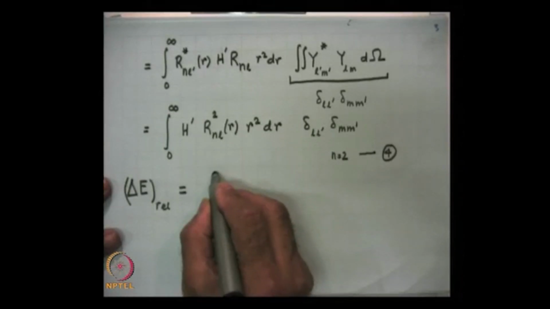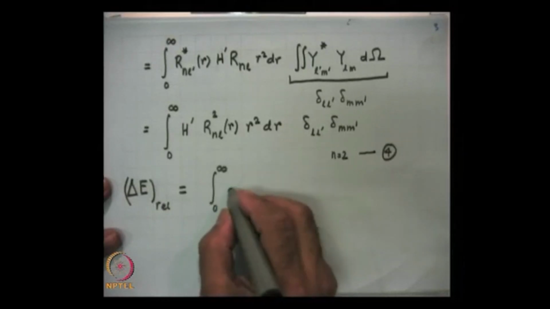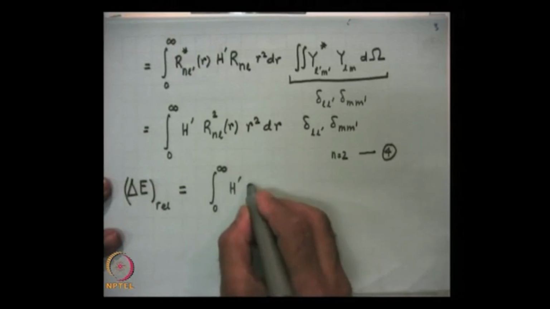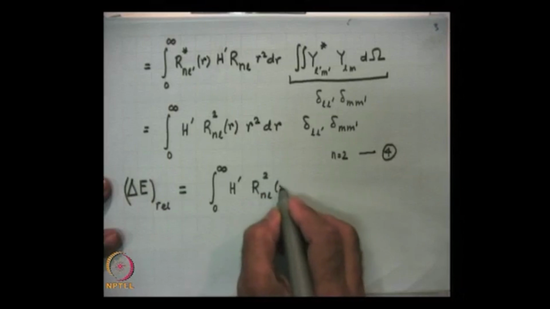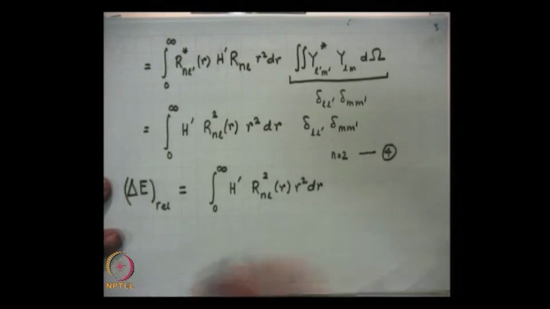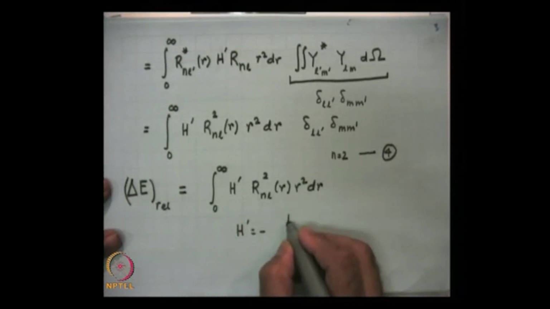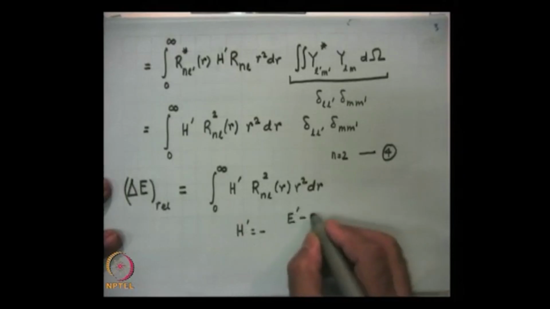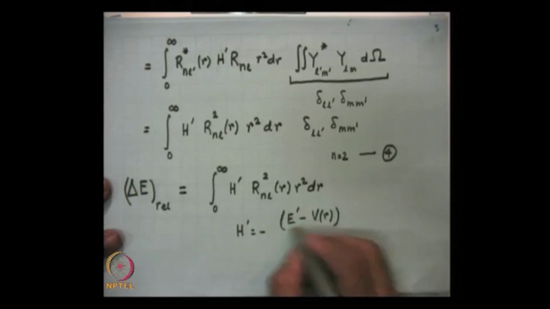So, this will be just the integral from 0 to infinity of H prime, R n L square, r square dr. This will be the perturbation, and H prime we know is equal to minus (E prime minus V of r) whole square by 2 m c square.